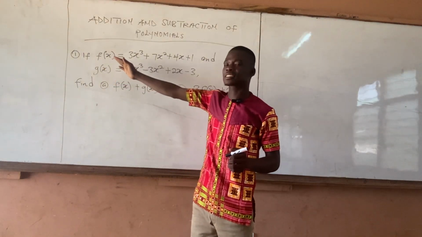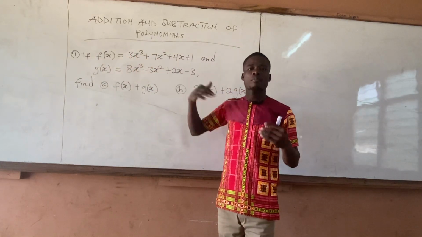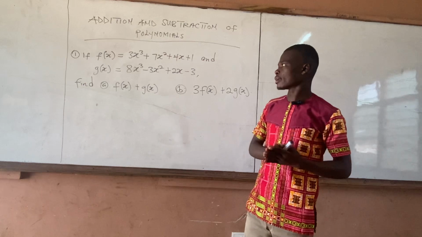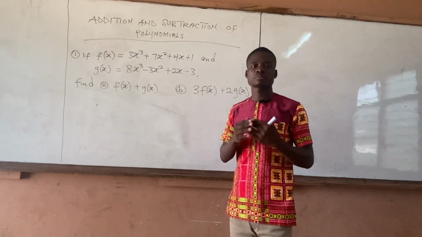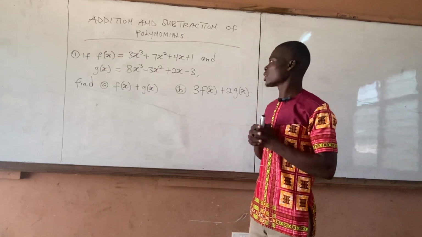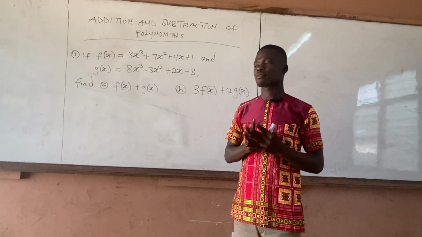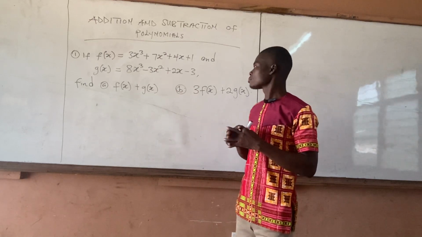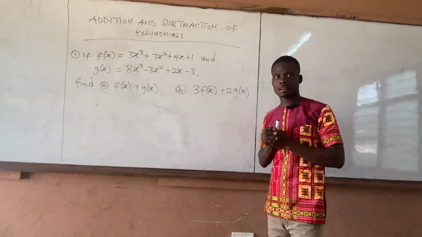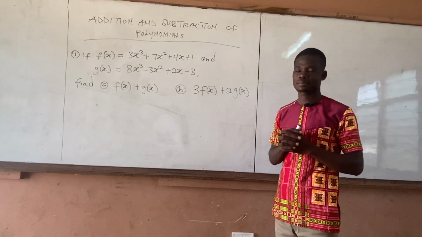If f of s is equal to 3s cubed plus 7s squared plus 4s plus 1, and g of s is equal to 8s cubed minus 3s squared plus 2s minus 3, find a, f of s plus g of s, and b, 3 f of s plus 2 g of s.